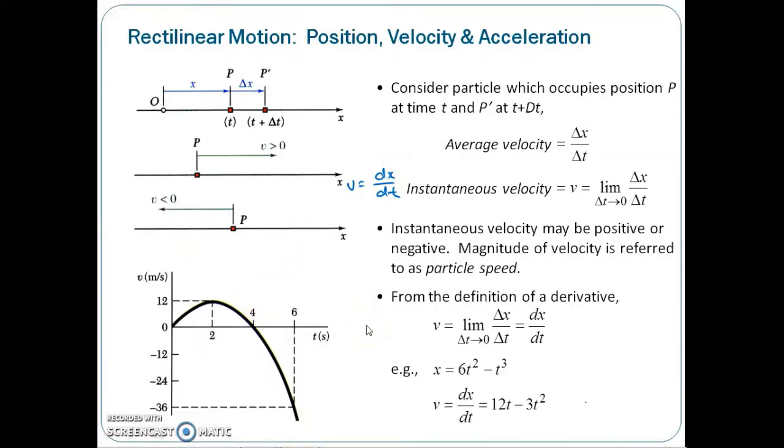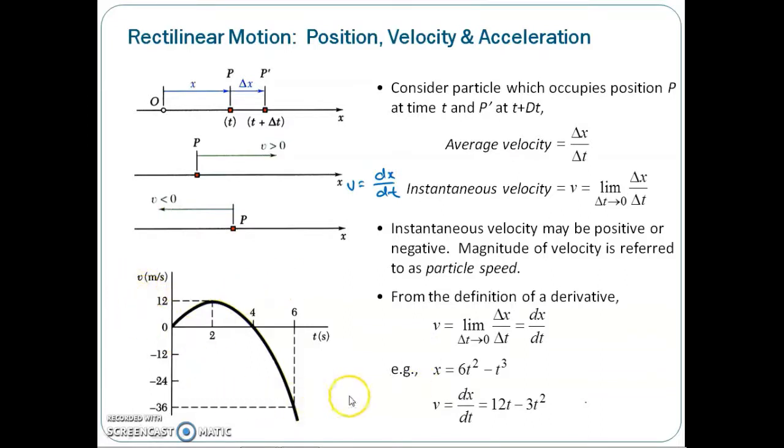So the instantaneous velocity v is defined as the derivative of the position x with respect to t, or dx/dt. It can be expressed in the form of an equation of v over t, or in the form of a graph of v versus t, as you can see here.